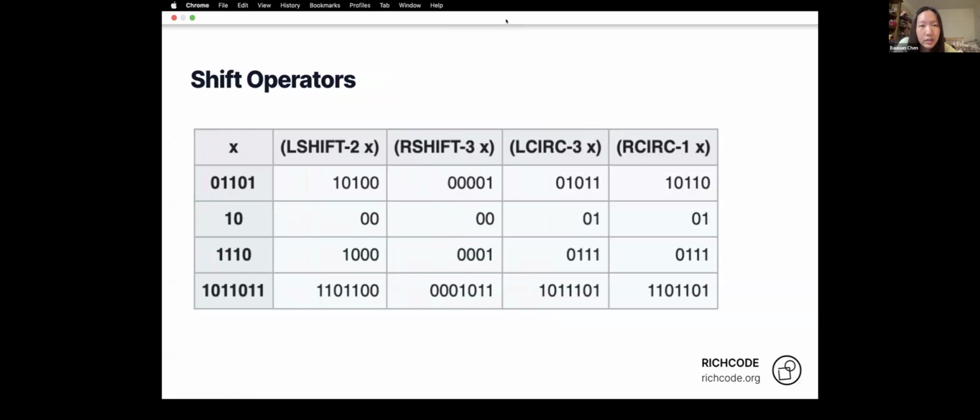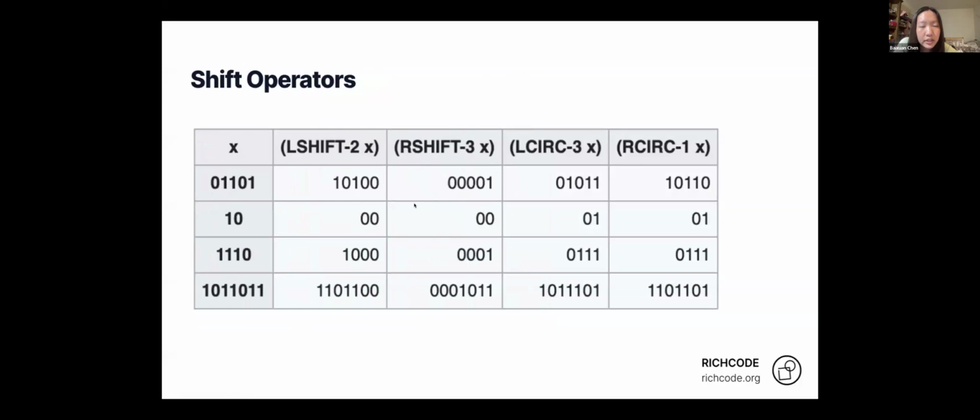So next, shift operators. Basically what they do is they move the string around. So for left shift, for example, in this left shift 2, it shifts it 2 to the left and then it adds 2 zeros to the end. So we take off the left 2 digits and then we add 2 zeros. And if it was left shift 3, then we would take off the 3 left digits and add 3 zeros.